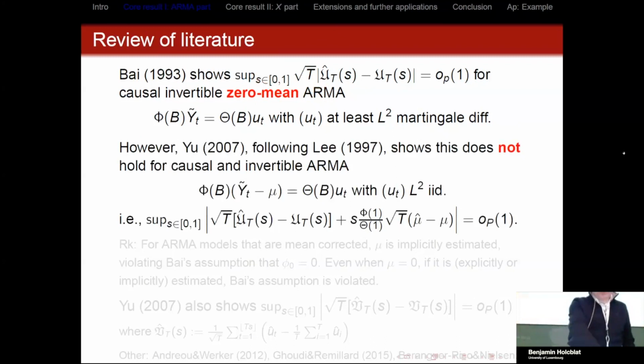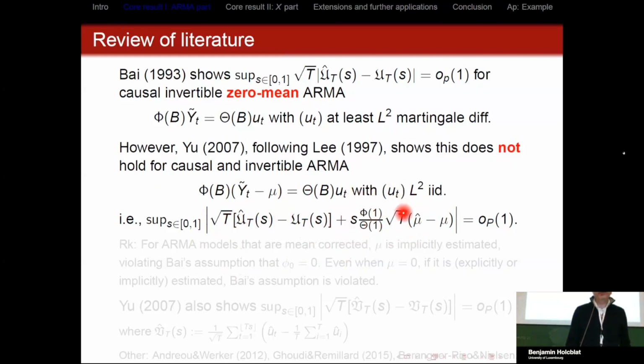And actually, that was probably shown clearly beyond the regression context by Yu and Lee, who showed that as soon as it's not zero mean, as soon as you have a mu, basically the difference between the partial sum of the residual and the partial sum of the errors is not disappearing asymptotically.